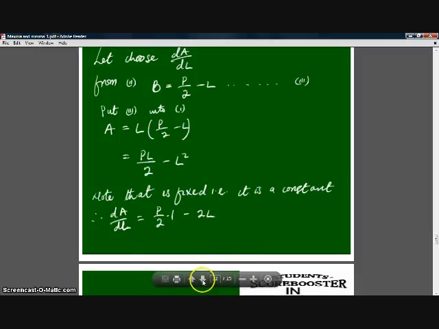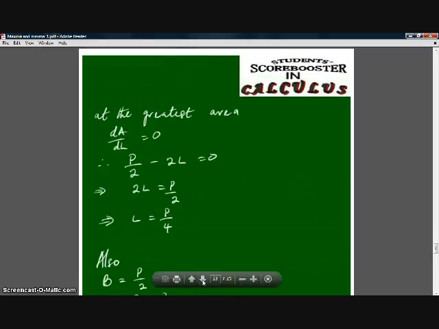Now at the greatest area, dA/dL equals 0. Therefore P over 2 minus 2L equals 0. If you simplify things, you're going to get 2L equal to P over 2, and your L is equal to P over 4.